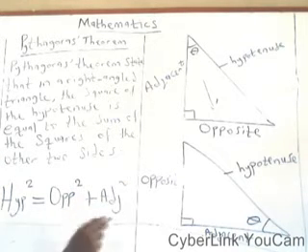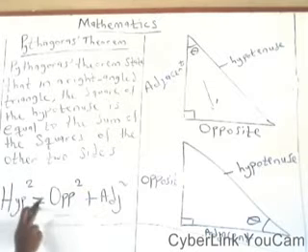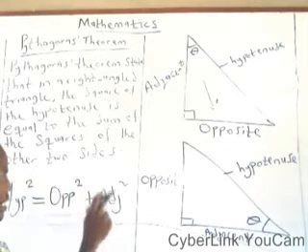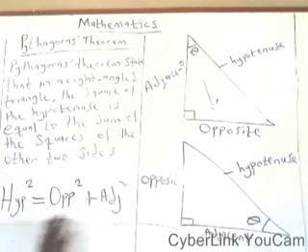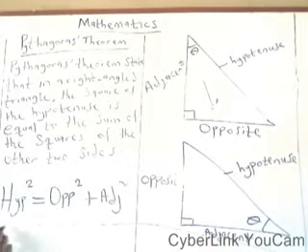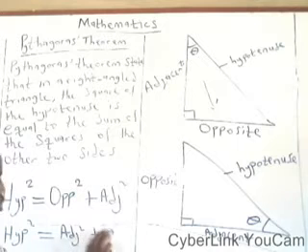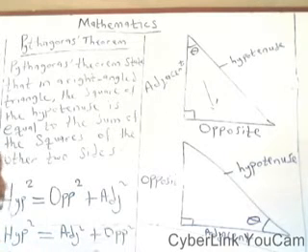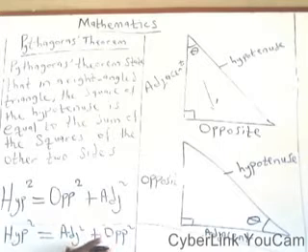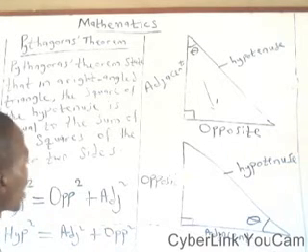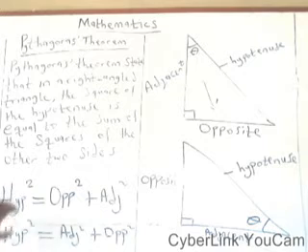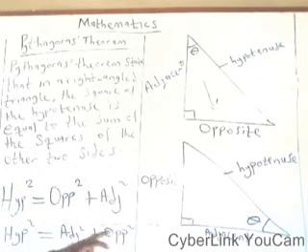This is the interpretation: hypotenuse square is equal to opposite square plus adjacent square. And you can as well put it this way, that hypotenuse square is equal to adjacent square plus opposite square. You are still saying the same thing. Either you put it this way or this way, it's still the same thing. So I must know that the hypotenuse square is equal to adjacent square plus opposite square.